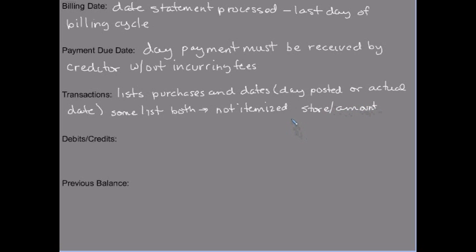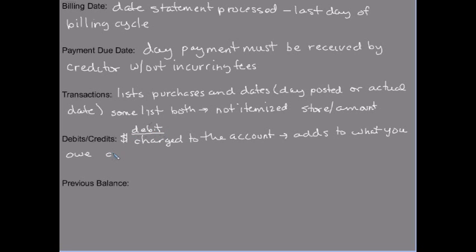Then you have debits and credits. Debits are money charged to your account. Adds to what you owe. That's a debit.